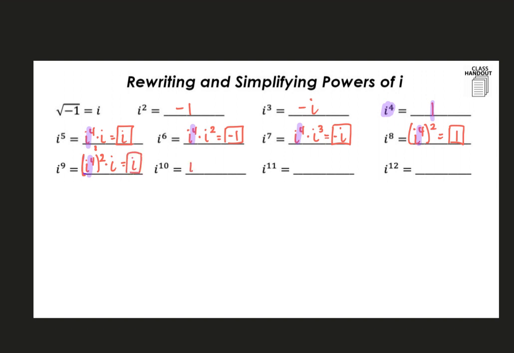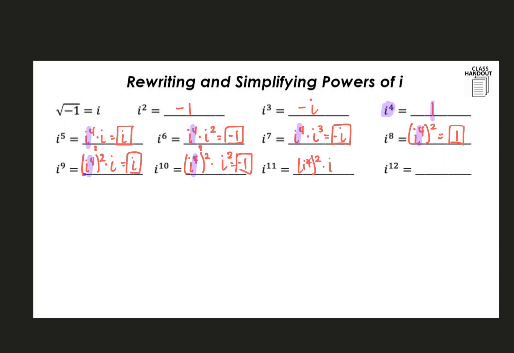I to the 10th, well, 4 goes into 10 2 times. That gets us to 8. To get to 10, we need 2 more i's, so i squared, and we know that i squared is -1. I to the 11th, again, we're going to write it as i to the fourth, goes in 2 times, which will get us to 8.